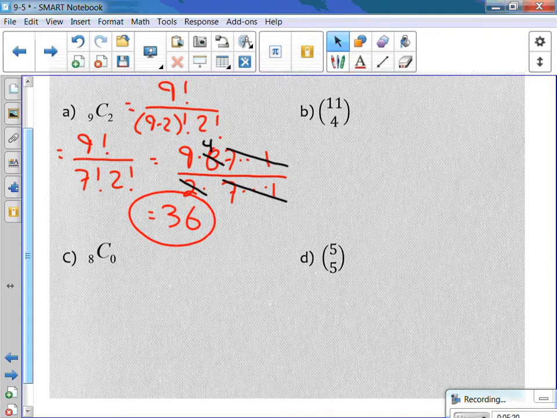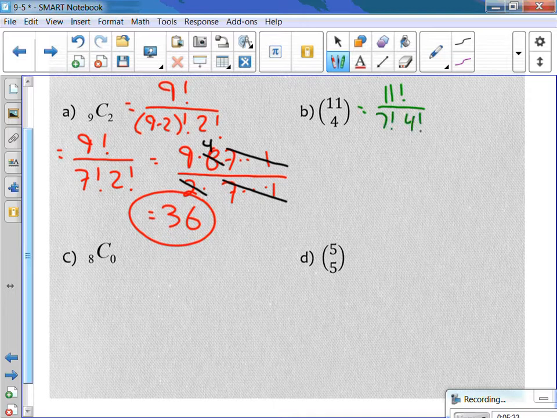Part B, we have that 11 choose 4. So that's our 11 factorial over 11 minus 4 factorial, so our 7 factorial times 4 factorial. So 11 times 10, always on down to 7, because we know we're going to be canceling out with that 7 factorial.